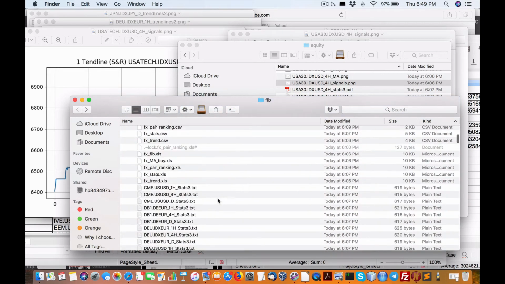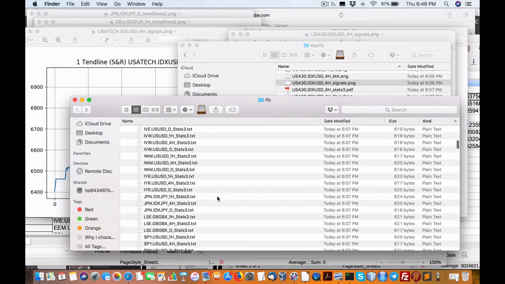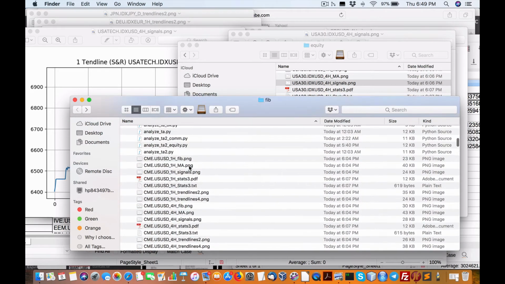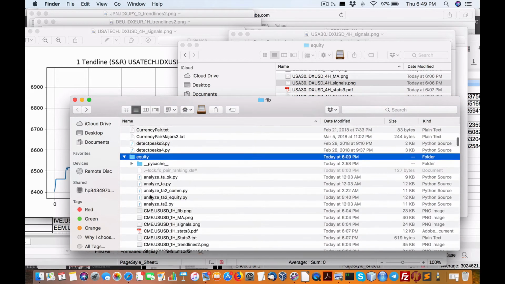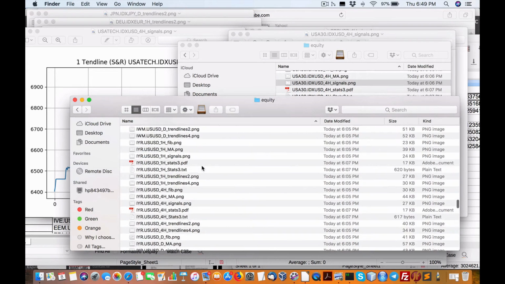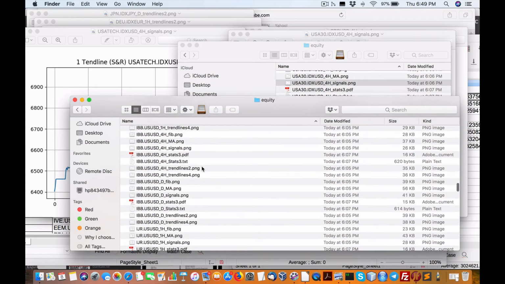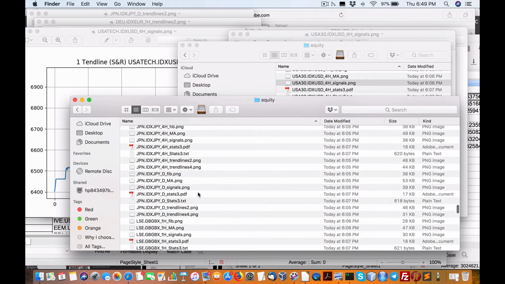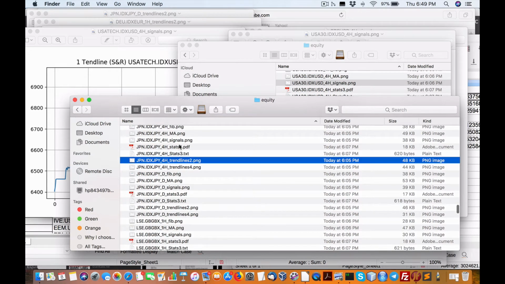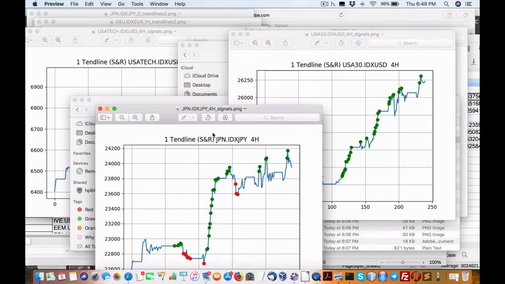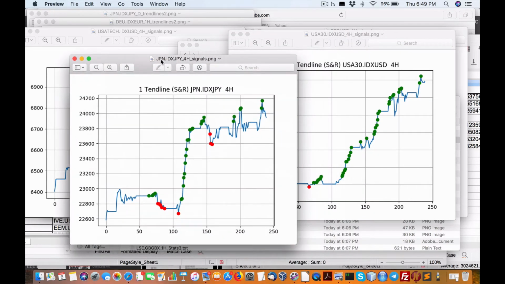And it's from the same data set, so it's not like something to surprise you. Okay, so we want the Japanese, see how that is on a 4-hour. Japanese 4-hour trend and signal. Yeah, I mean, that's a no-brainer.